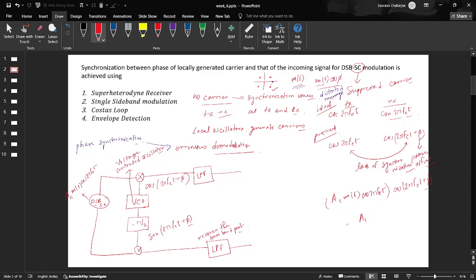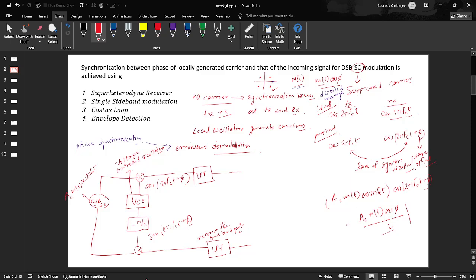If you do the math, you will see you are going to get this. From this multiplication, this comes out to be the baseband part.